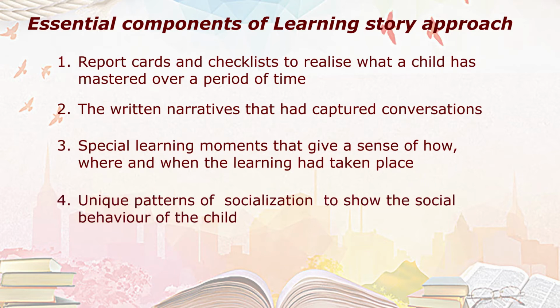Fourth is unique patterns of socialization to show the social behavior of a child. When all of these essential components are added to the learning story approach, the instructional practice documenting becomes a process that can enhance and motivate the learning and development potential of a child.